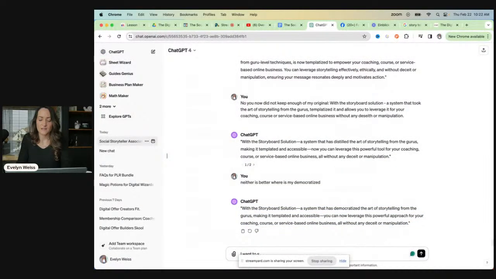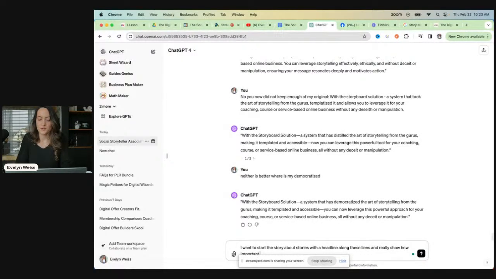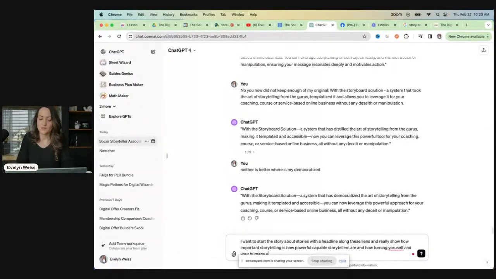I want to start the story about stories with a headline along these lines and really show how important storytelling is, how powerful, capable storytellers are, and how turning yourself and your human experience into powerful stories, storytelling, storyteller is a way to future-proof yourself in this new AI world.